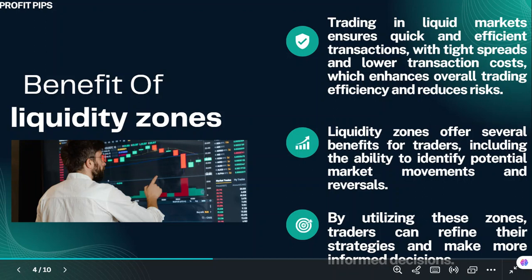Now, when you're trading in a liquid market, especially when that market is in a liquidity zone, spread charges tend to be narrow, meaning you can execute that trade with minimal cost.